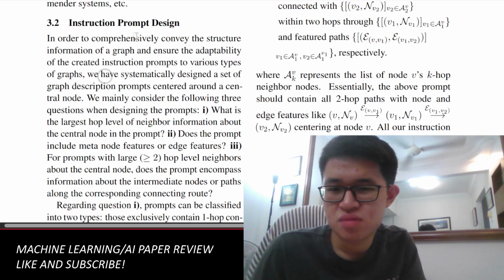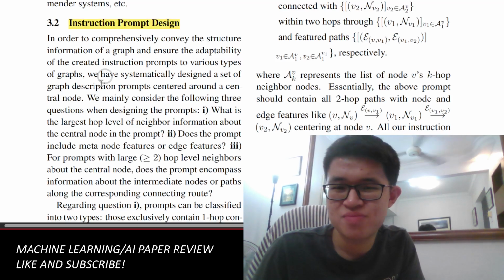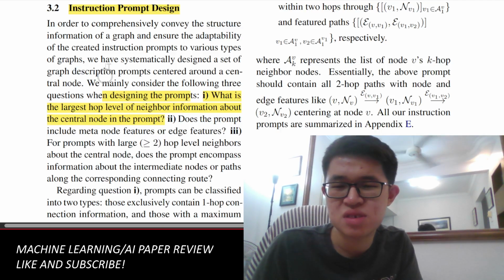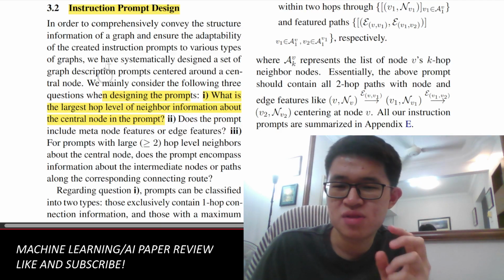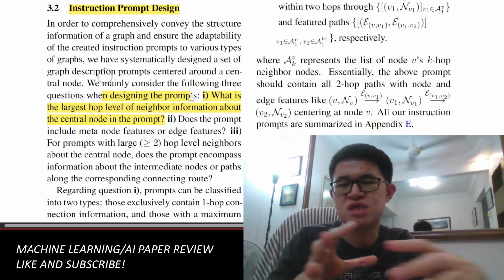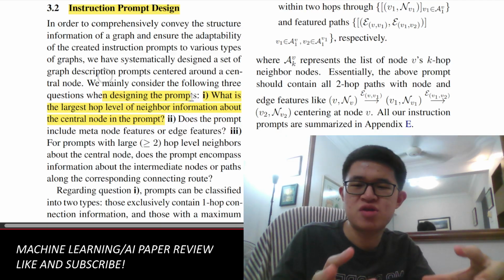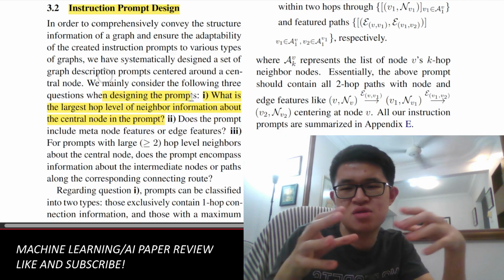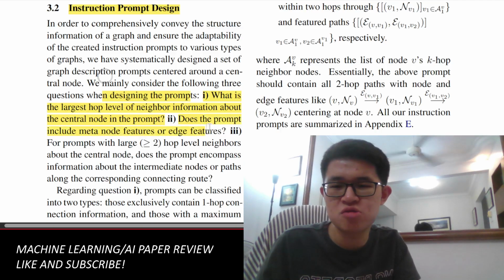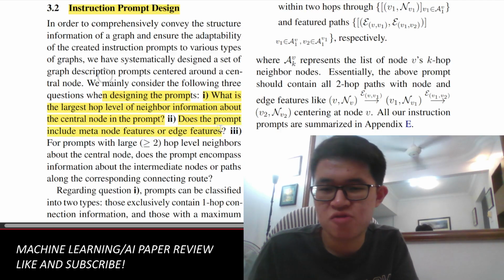Okay, and here's their prompt design. The first question is, what is the largest hop level of neighbor information about the central node in the prompt? So they have to consider a few things when designing the prompts. First, what's the largest neighborhood information around the center node that you need to take into account in the prompt. Secondly, does the prompt need to include node features and edge features?